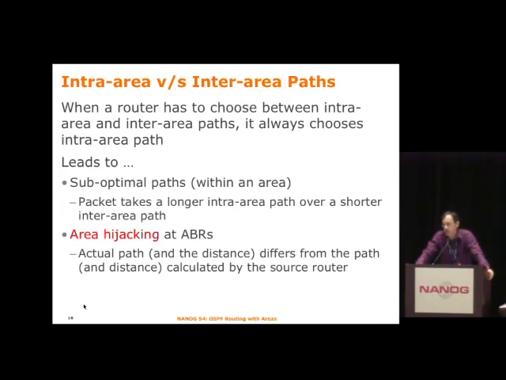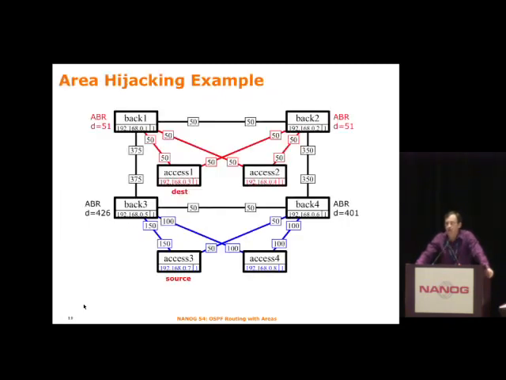Okay, so this issue that the routers will always pick an intra-area path over an inter-area path can lead to a type of area hijacking, where the path will end up following something that's different than what the earlier routers were calculating their distances based on. So as an example, in this network, once again, same source and destination, if the red link between access 1 and back 2 goes down, well, let's look at what happens to the routing. So first of all, back 2 is now going to shift to a longer path to its destination, because in the red area it has a path that goes through that zigzag, and so it will advertise that greater distance.